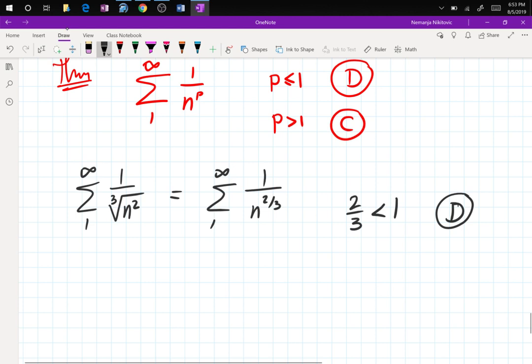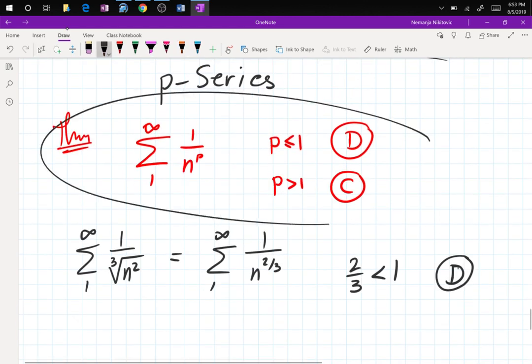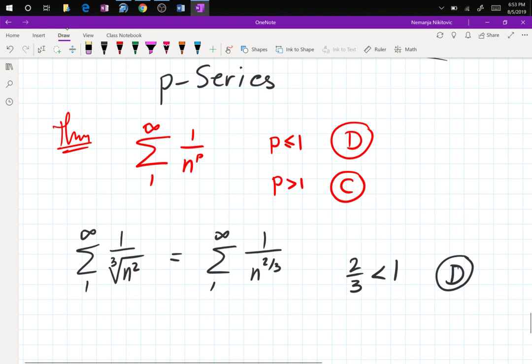Trying to memorize this example by example is just a living nightmare. So learning the tests is crucial. So having these handy, knowing what the P is, what the R is, what the A is, shift the counter, all that stuff. That's P series. So you just look at P and determine whether it's smaller or larger than 1, and you are on your way.